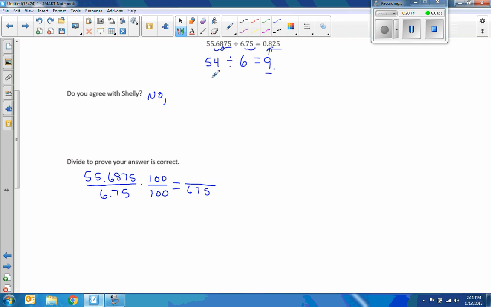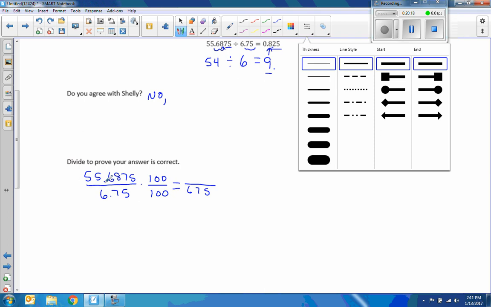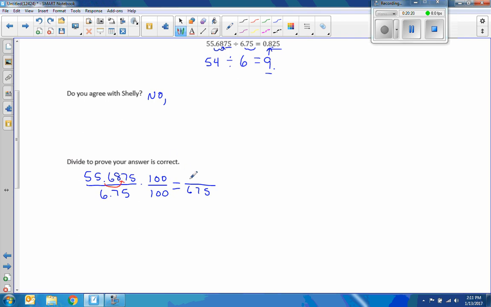Multiplying 55.6875 by 100 just moves the decimal place 2 places, so it's going to be 5,568.75. And same with this, it moved 2 decimal places to become a whole number. Okay?